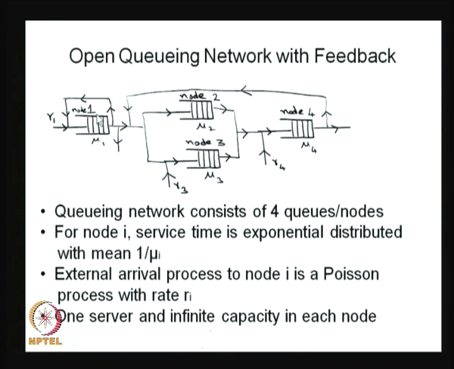That means, as time dependent, the system may depend on the number of customers in the other nodes, but in steady state this behaves independently and each one behaves like an M/M/1 infinity queue.